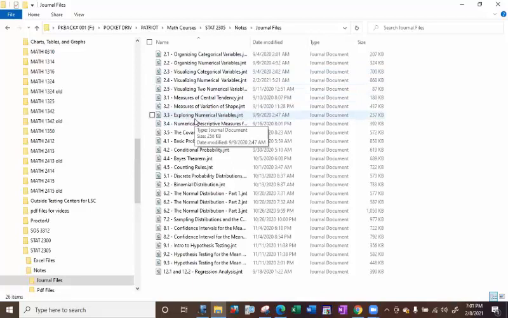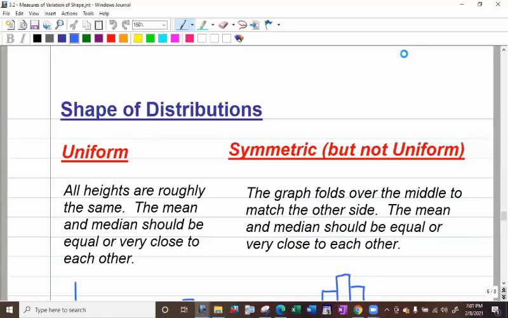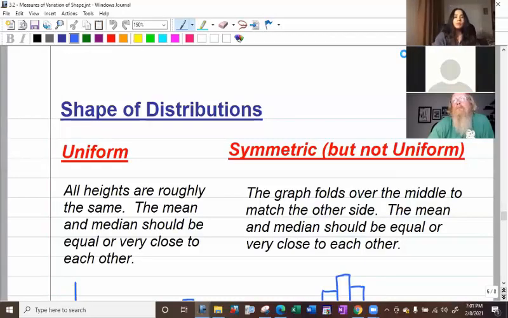All righty, let's see. I don't know how to get rid of this.